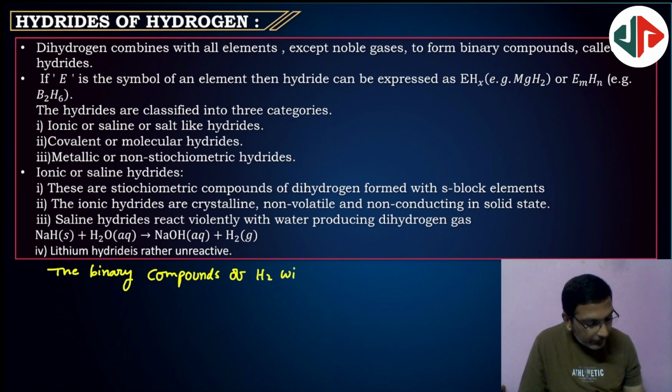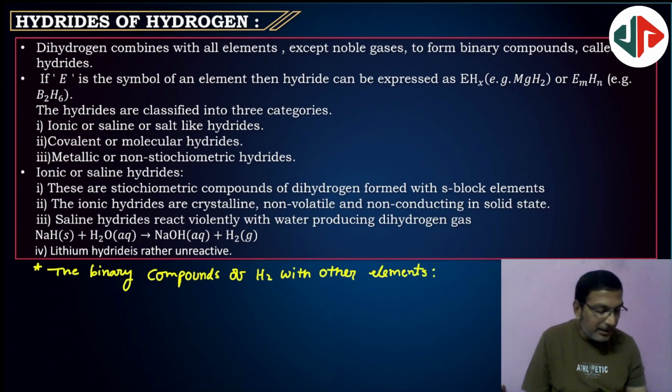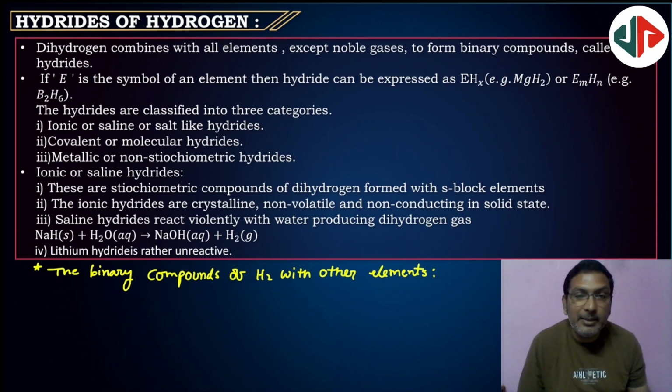The binary compounds of hydrogen with other elements are known as hydrates. So here dihydrogen, that means H2, combines with all elements except noble gases, because noble gases are inert. So they form binary compounds. Binary compounds will contain only two elements, hydrogen and another element, called hydrates.